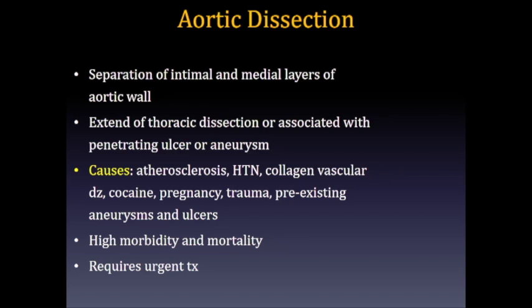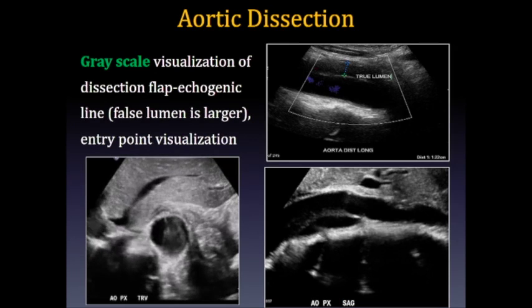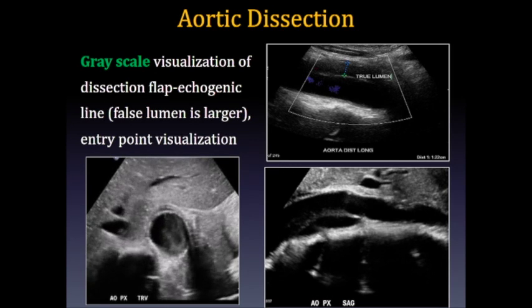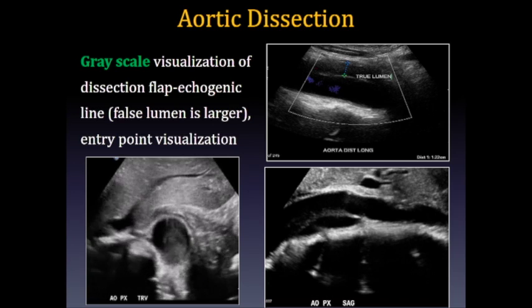Causes: atherosclerosis, hypertension, collagen vascular disease, cocaine in New Haven especially, pregnancy, trauma, pre-existing conditions. And it requires urgent care. That's why we wanted to be able to diagnose this even when the physicians don't suspect it.